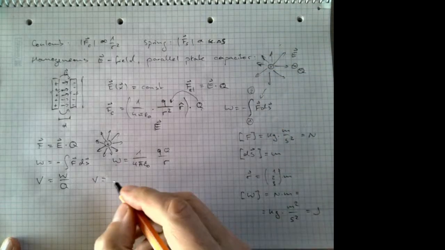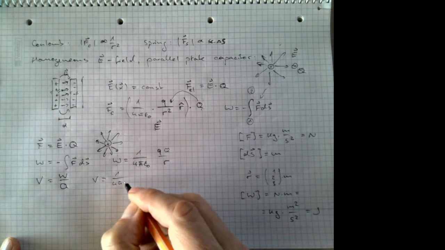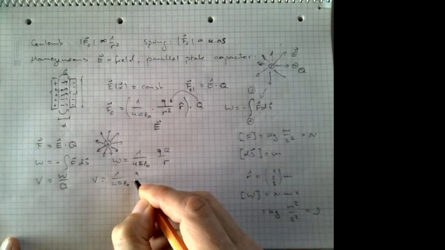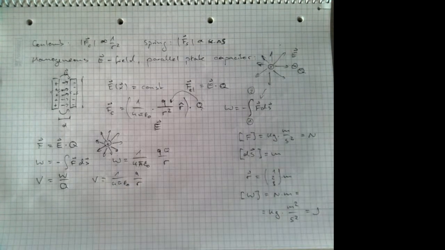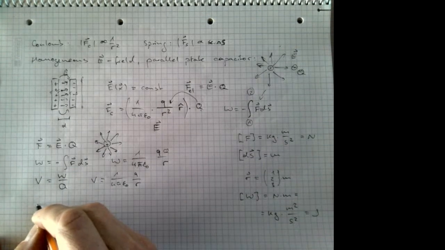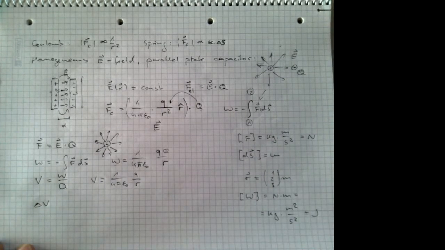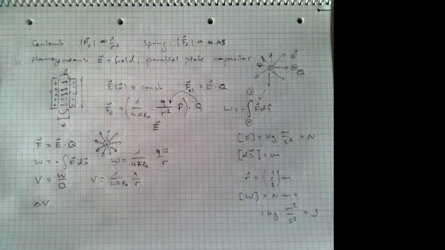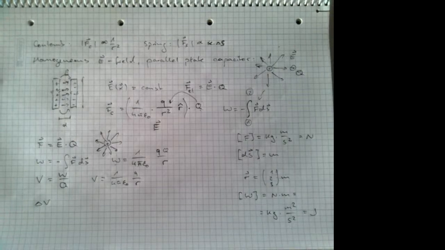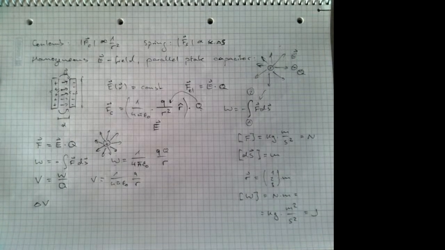So V is then 1 divided by 4 pi epsilon 0 Q divided by R, right? Okay, so then we have a potential difference, delta V, which means this potential difference basically drives charges. And now we come to the electrical current. So let me see if I can find what I wanted to tell you. No, here.